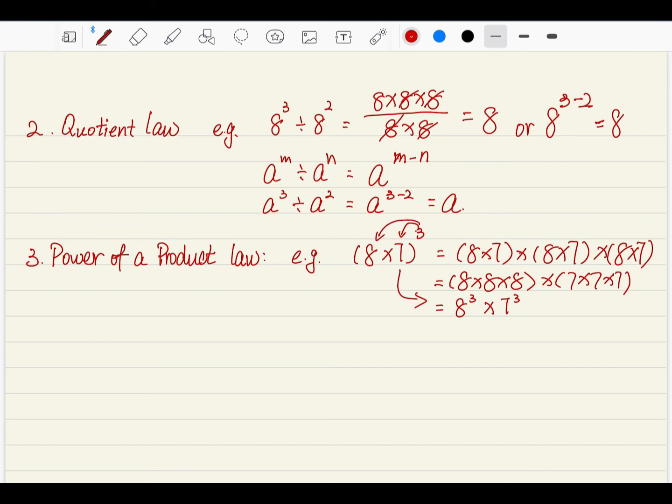It's just like a times b in brackets to the mth power equals a to the mth power times b to the mth power.